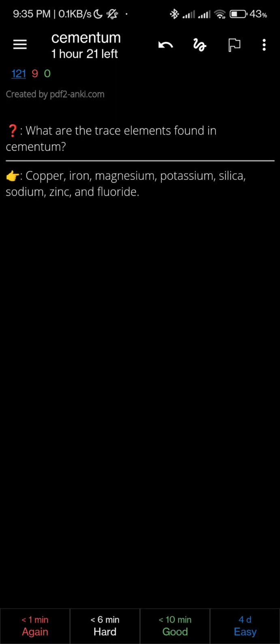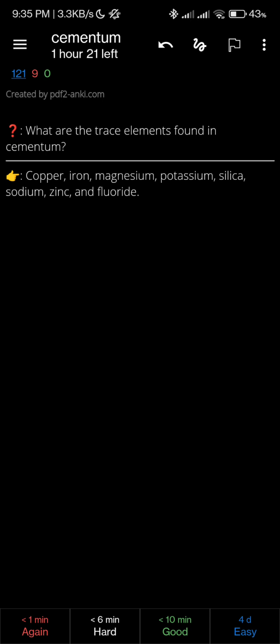What are the trace elements found in cementum?